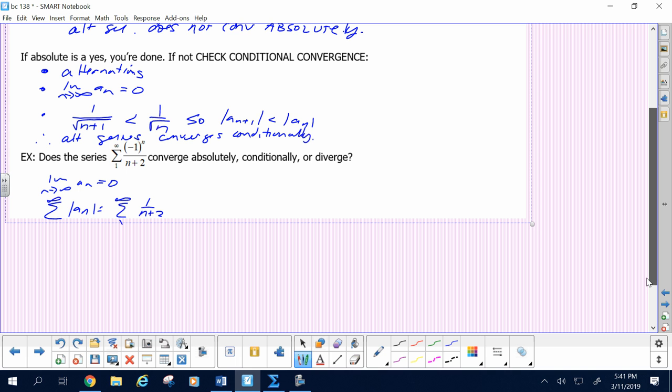We could do this a little quicker and say this diverges by comparison to 1 over n, the harmonic series. So the alternating series does not converge absolutely.